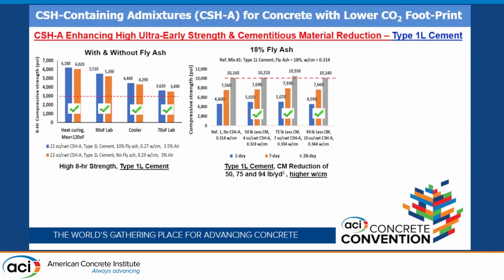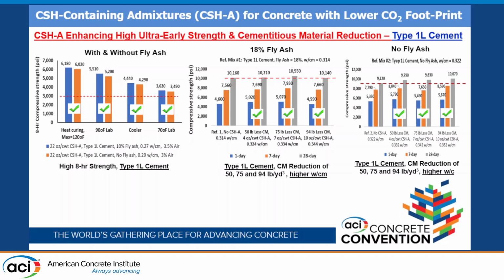And we still achieve similar strength at 1 day, 7 days, and 28 days. In the case with no fly ash, again, similar. We can reduce 50 pounds, 75 pounds, and 94 pounds with higher water to cement ratios, and we achieve similar or higher strength at 1 day, 7 days, and 28 days.